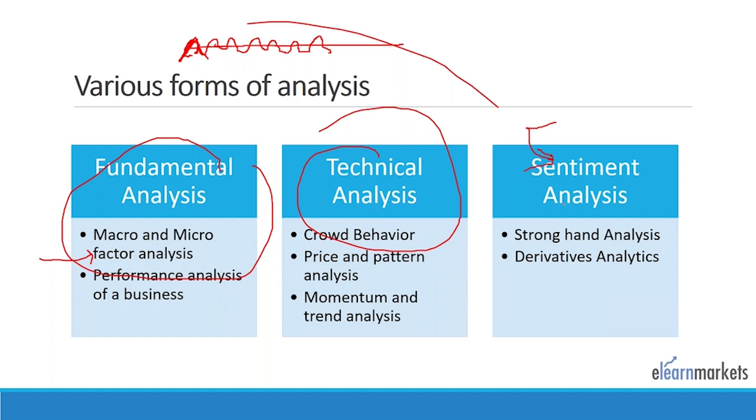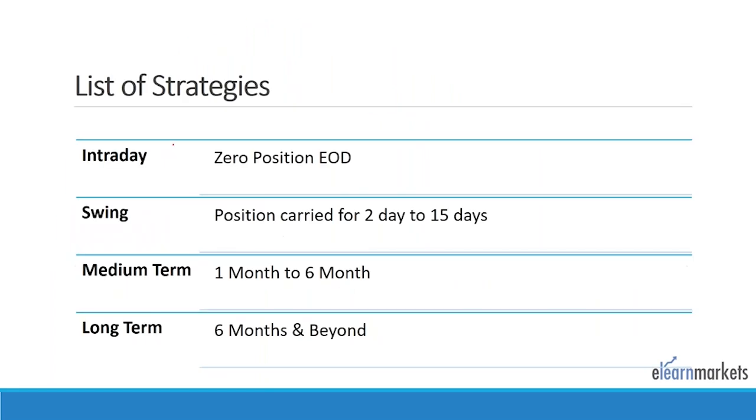Let me just quickly touch on a few strategies which I believe work in the market and which are typically deployed in the market. If you classify these strategies, there are broadly 4 kinds of market strategies one can be involved in. One is intraday, where your position at the end of the day is 0.